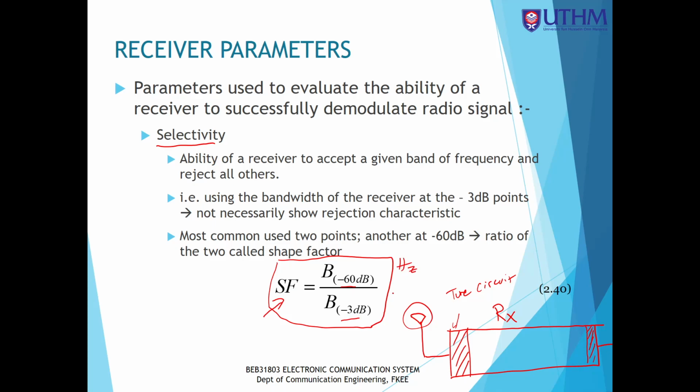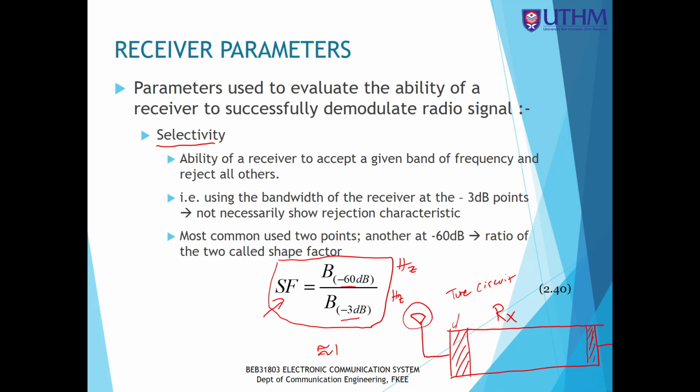Bandwidth is in terms of hertz, so there's no unit, and we can express this in terms of decibel. Ideally we want the shape factor to be towards equal to 1. That's the best case scenario.